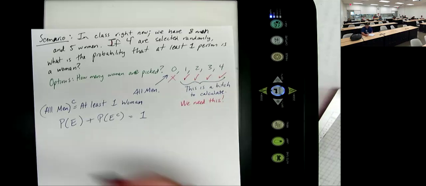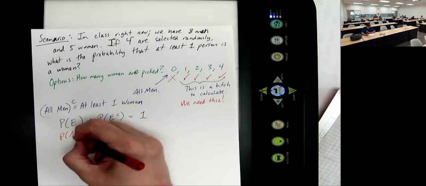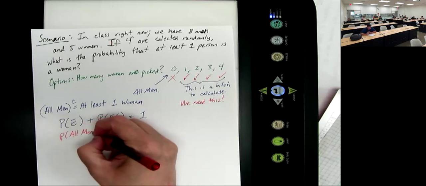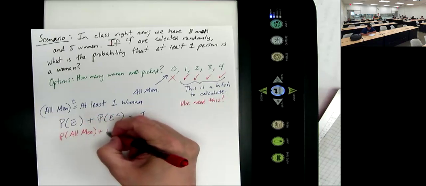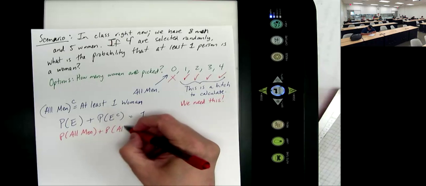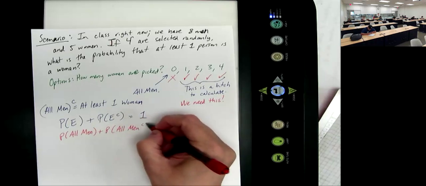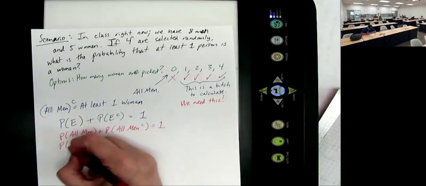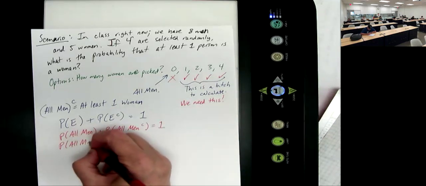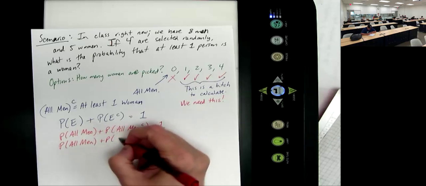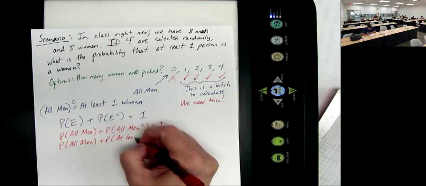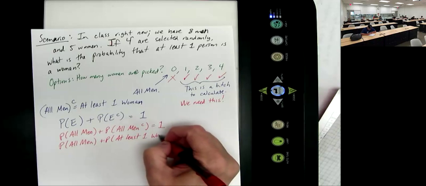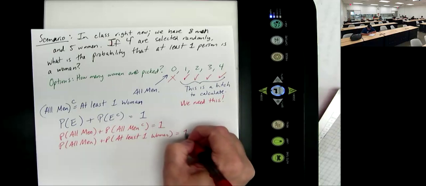So if I put in all men, this is the probability of all men, plus the probability of the complement of all men, equals 1. Or the probability of all men plus the probability of at least one woman equals 1.